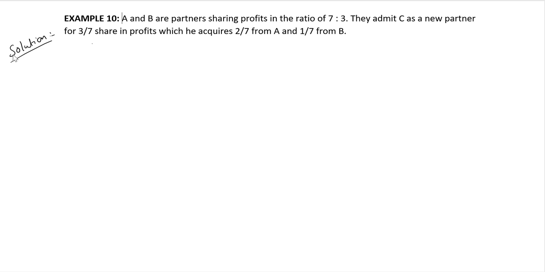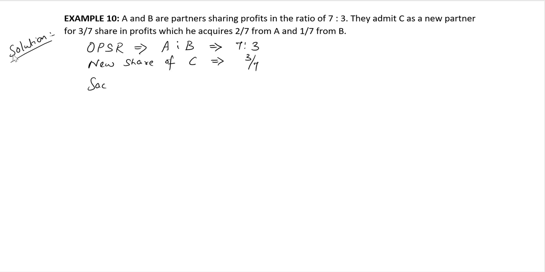As given in the problem, old profit sharing ratio between A and B is equal to 7:3. New share of partner C is equal to 3/7.